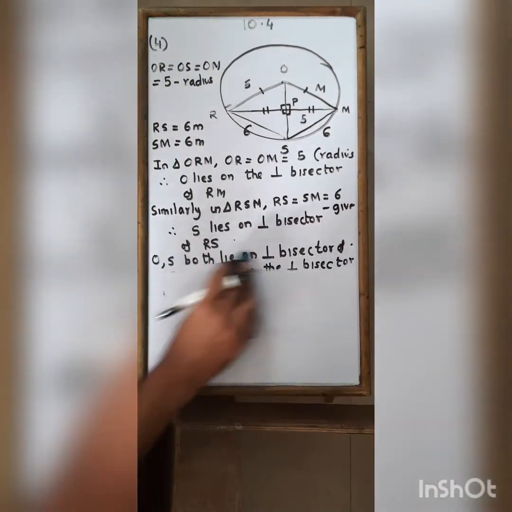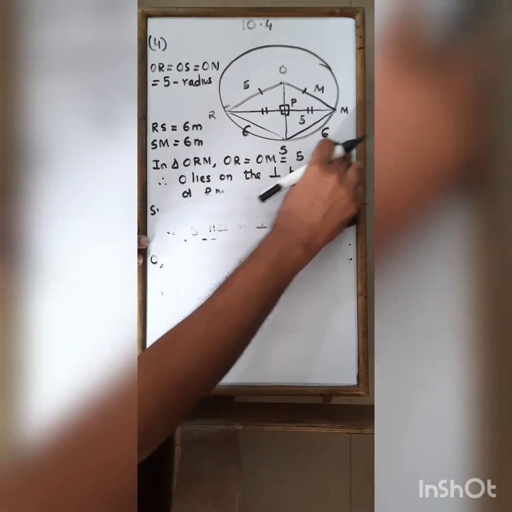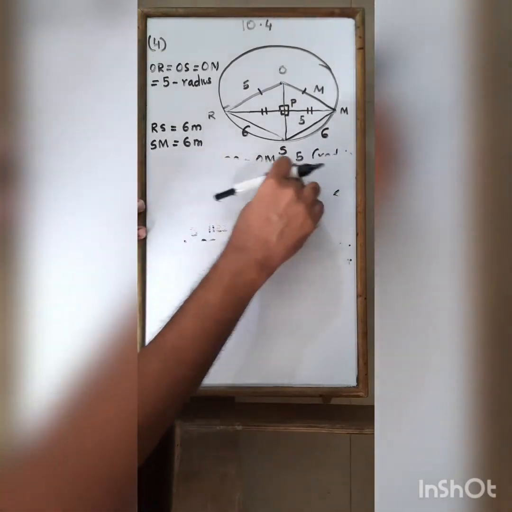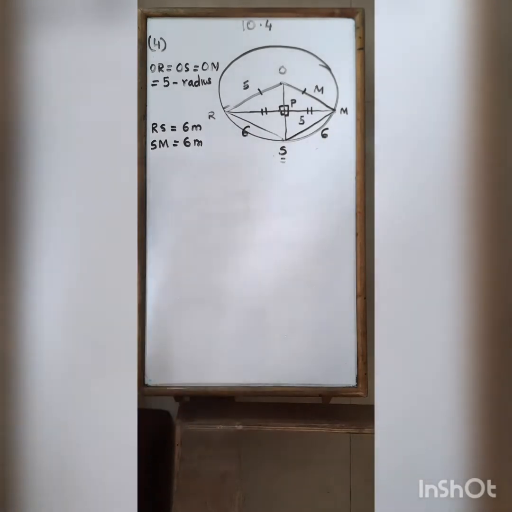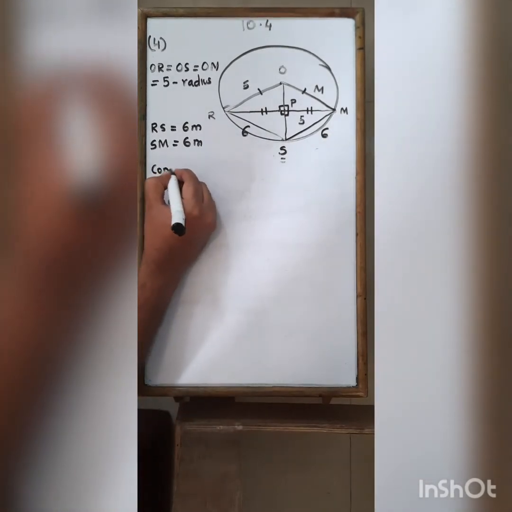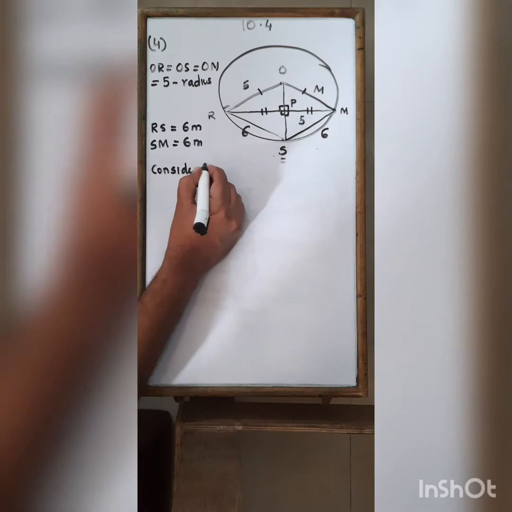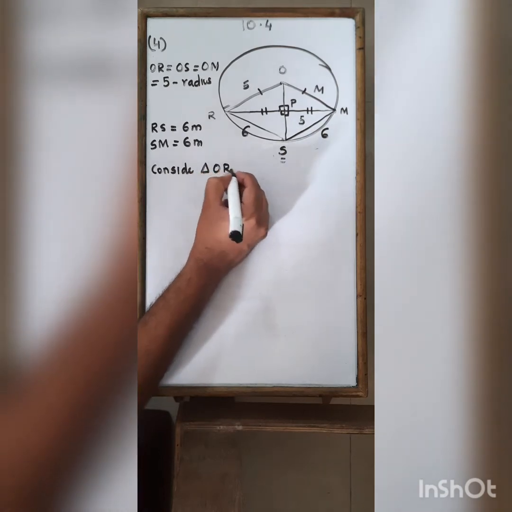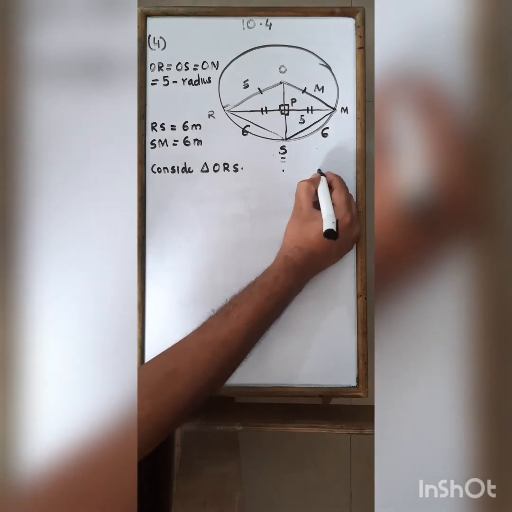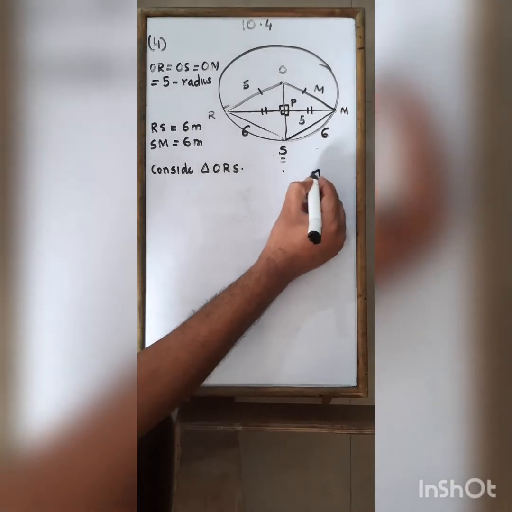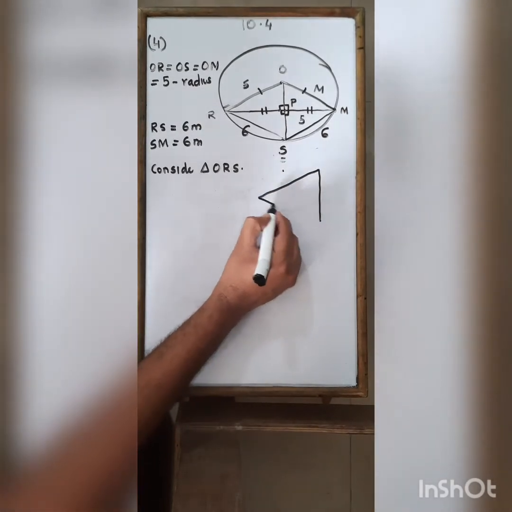Now what I will do, consider triangle ORS. I'll take this triangle and draw it over here. This is OS, this is OR, and this is RS.